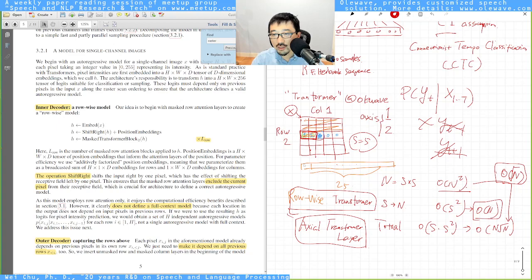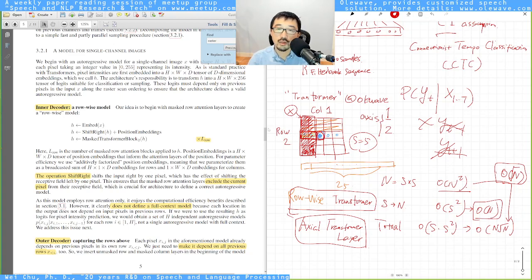So when you predicted this value here, you would get something from here. I think if you stack up all the L rows mentioned here, you get all of these. But this is the information you have before you predict the pixel here.